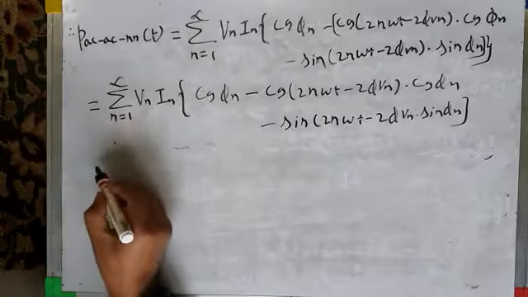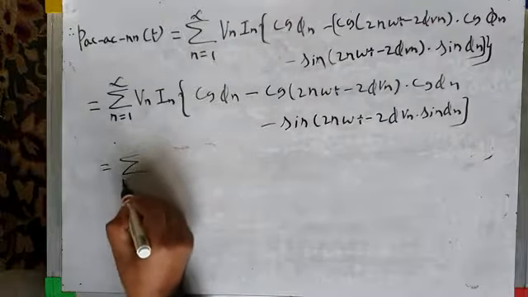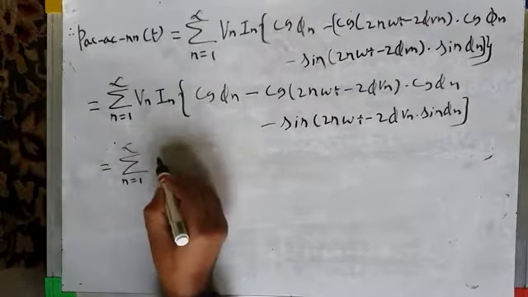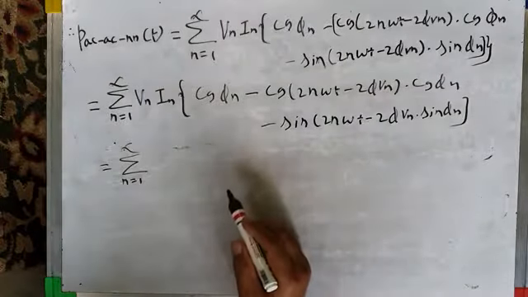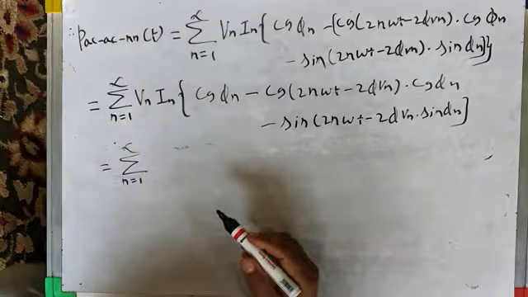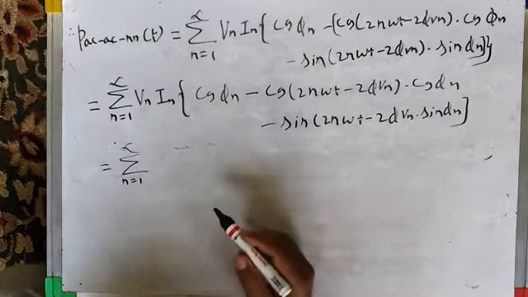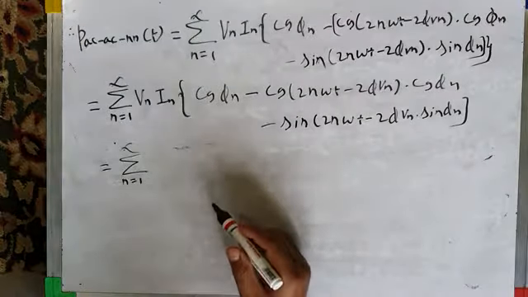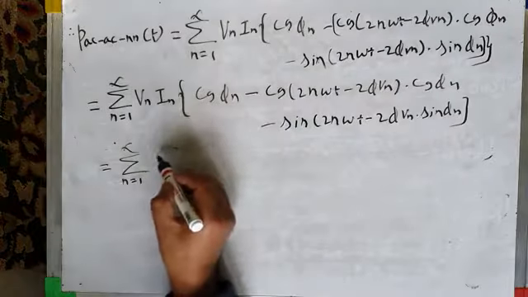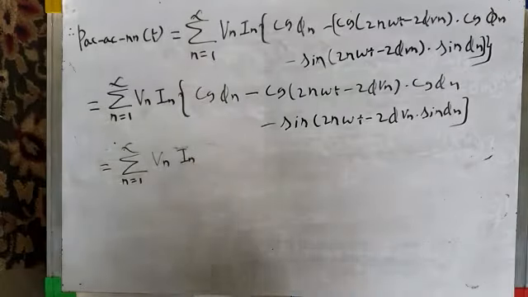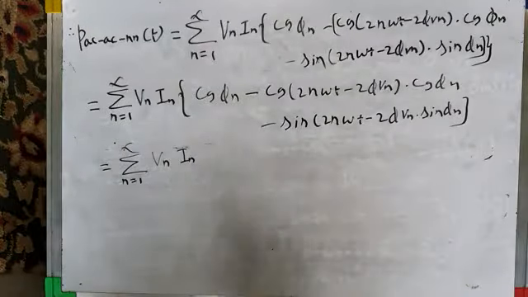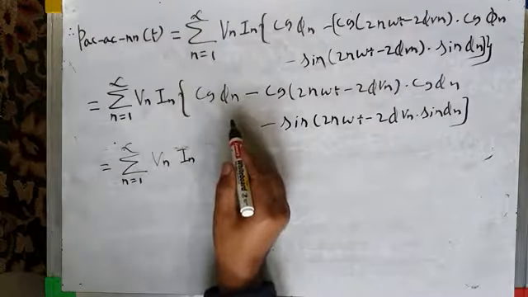So therefore this is equal to summation n equal to 1 to infinity Vn In.